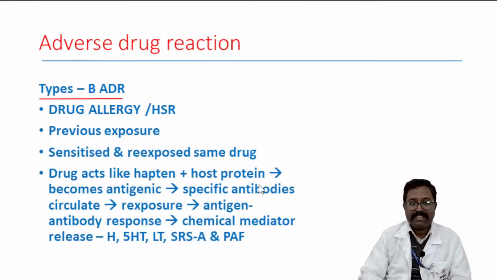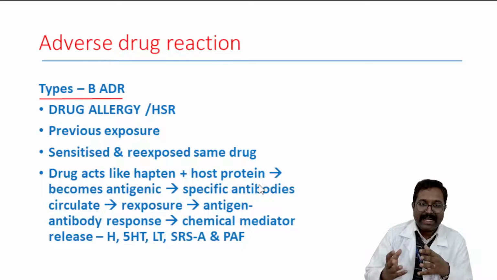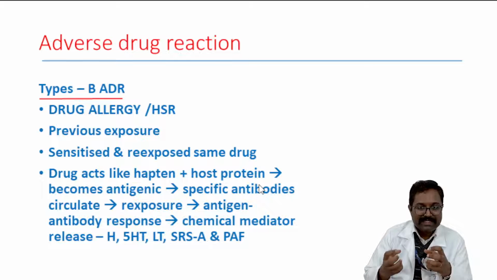Whenever there is a previous exposure to any antigen or drug, the body's immune system is going to sensitize, and re-exposure to the same drug is going to cause a similar reaction, and the reaction severity will be more if it is exposed to the drug frequently.